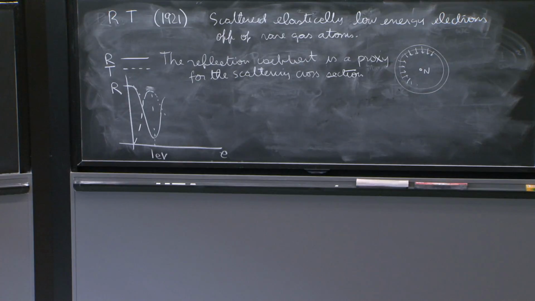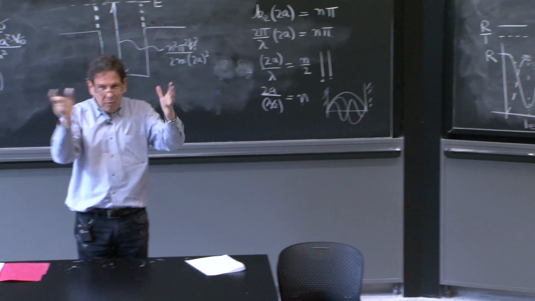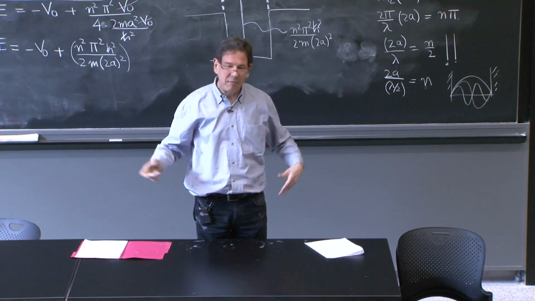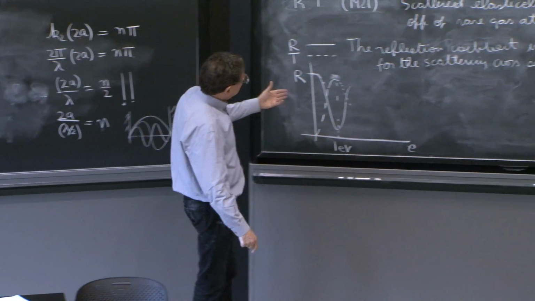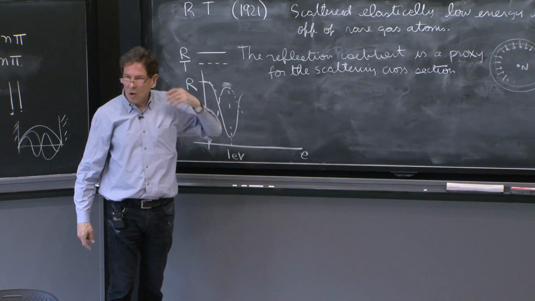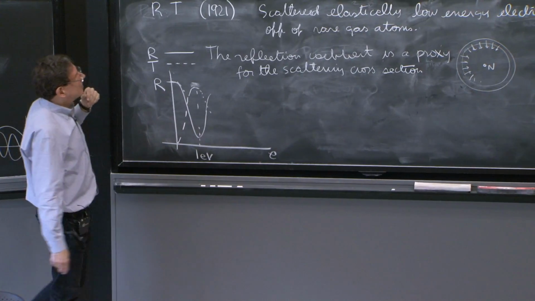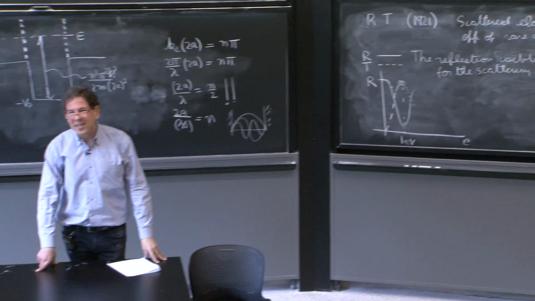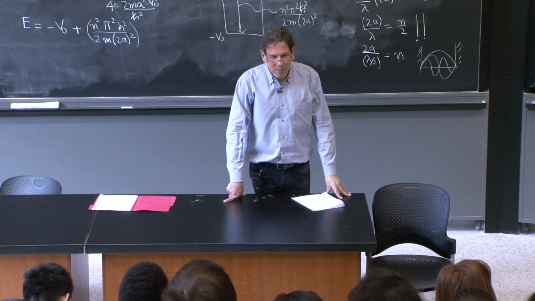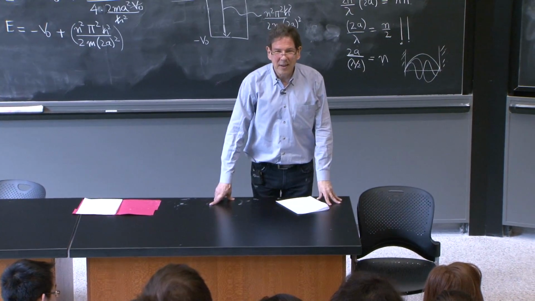So the explanation eventually was this effect, that there's a resonant effect in the well, and for some energies, the resonance is such that it allows the particles to just go through and not scatter. This had to wait some time because the experiment was done in 1921, and Schrödinger and everybody started doing good work in 1925.